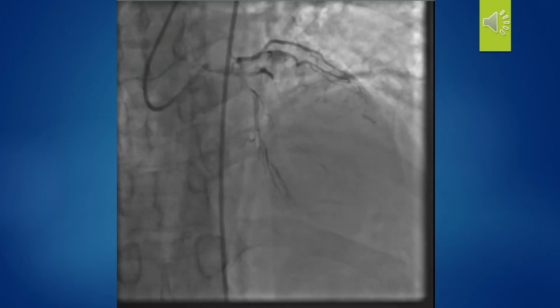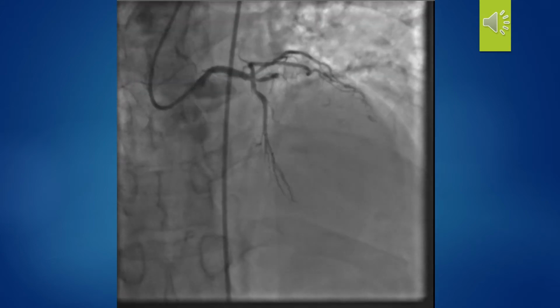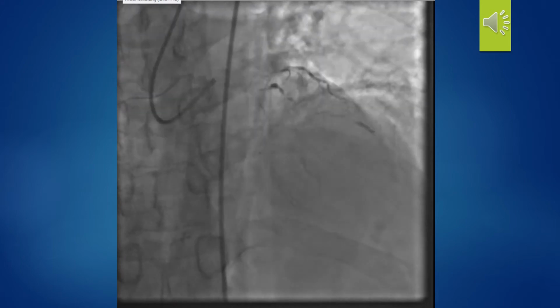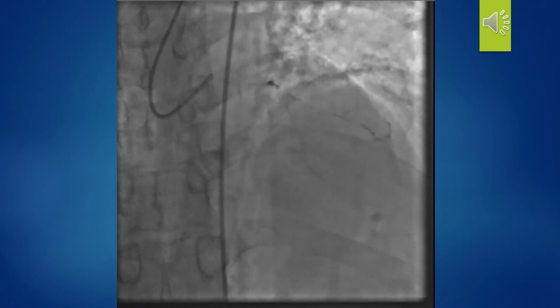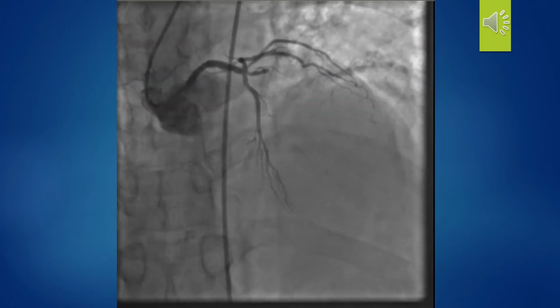We used a 6 French XB 3.5 guide to engage the left main. Again, the angiogram showed occlusion of the mid LAD with TIMI 1 flow downstream into mid to distal LAD and diagonal branch.